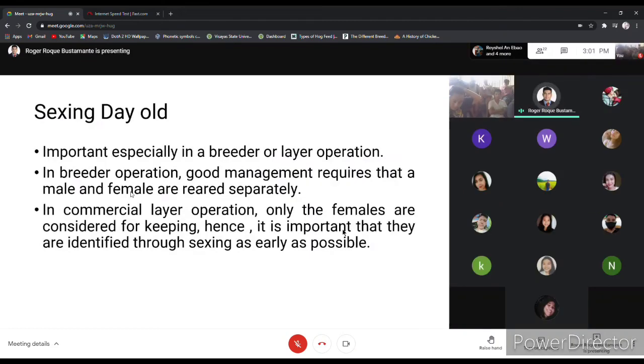In a layer operation, the male chicks are really considered as rejects. So they are rejects, the male chicks at day old. So here, in history, broiler production started.